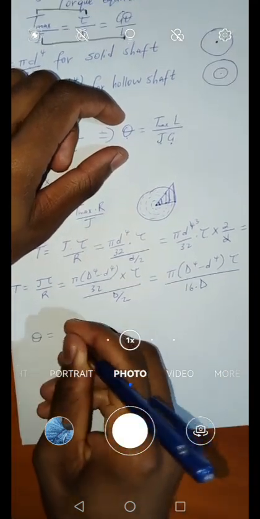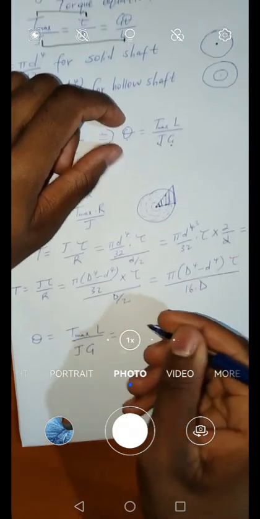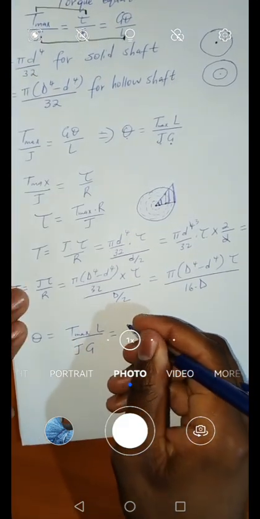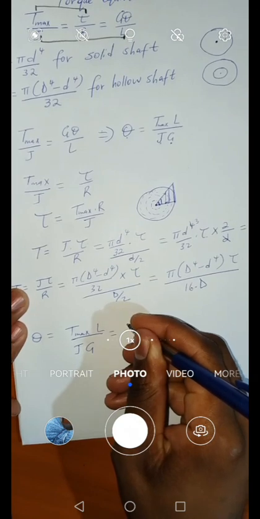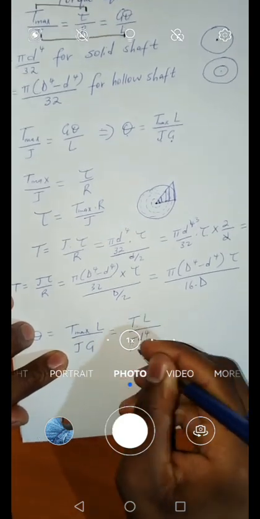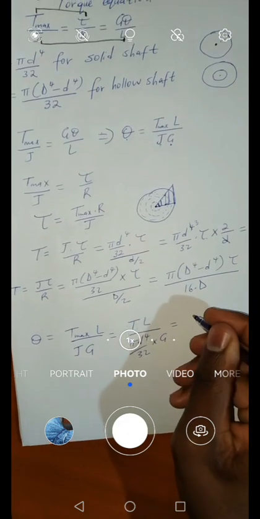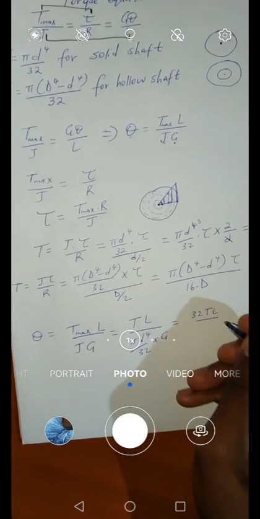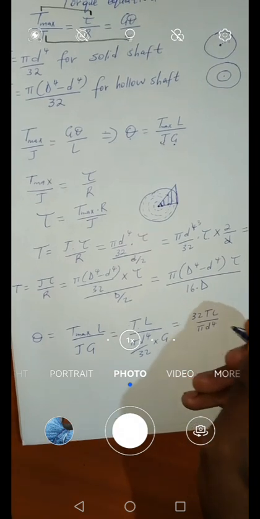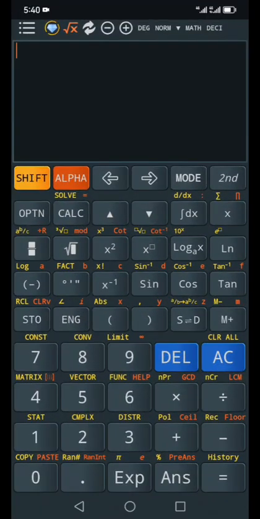Theta equals T max L over JG equals, for solid shaft, pi T L, then J is pi D4 over 32 multiplied by G. When you simplify this, you will have 32 TL over pi D4 G. And then from your calculator, 32 divided by pi is almost 10.2.